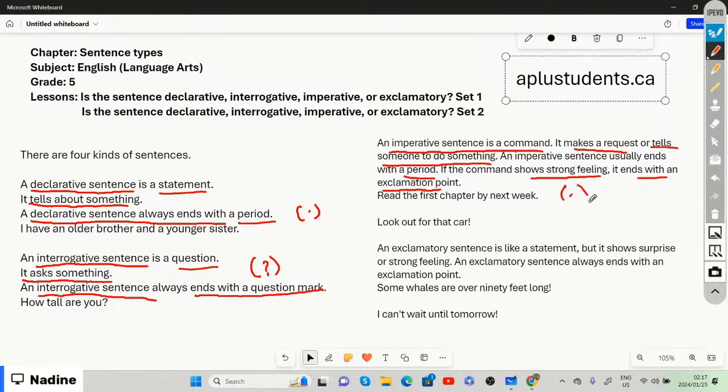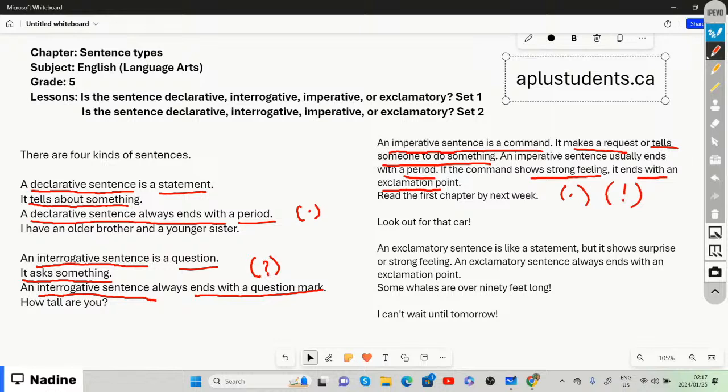But if the demand is quite strong, or shows strong feeling, then we basically have to end it with an exclamation point.